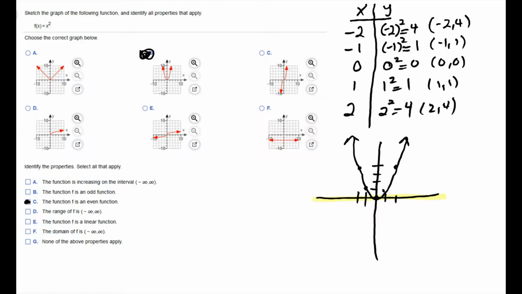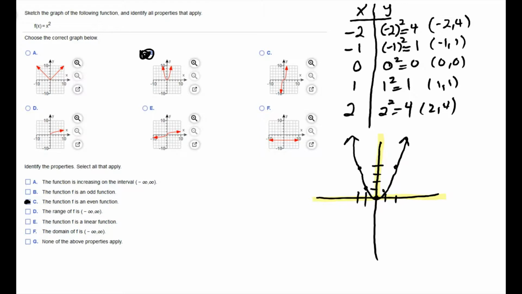The next statement says the range of f is -infinity to infinity. So looking at my picture over here, I can see that my y values only are covering from 0 to infinity. There are no y values on the bottom part of this graph.